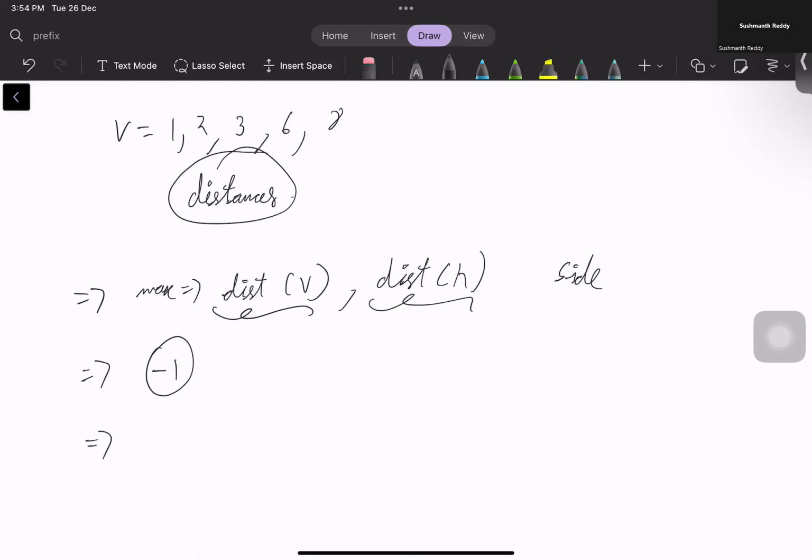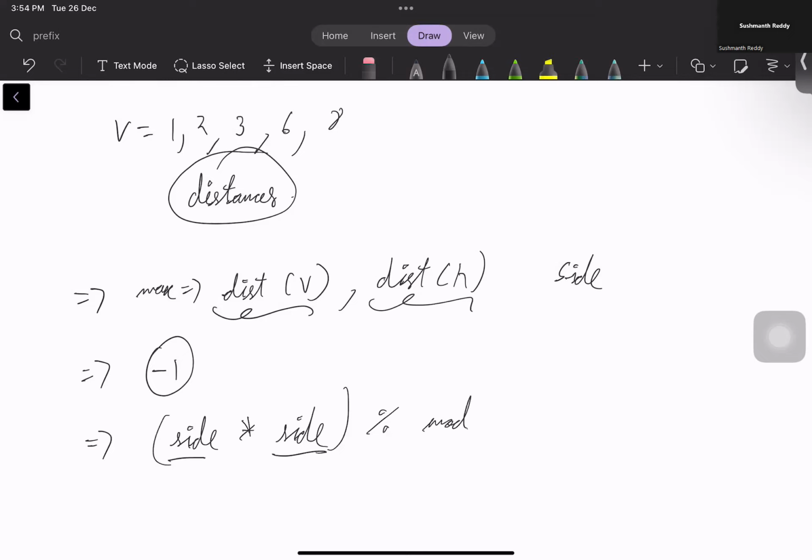So to calculate these sets of distances, we can brute force, run two loops i and j in horizontals and find out all the set of distances that we can make. Similarly, in verticals also find out all the set of distances and find out the maximum common distance. If there is no common distance, it's -1. Otherwise, the answer would be maximum side into maximum side percentage mod.